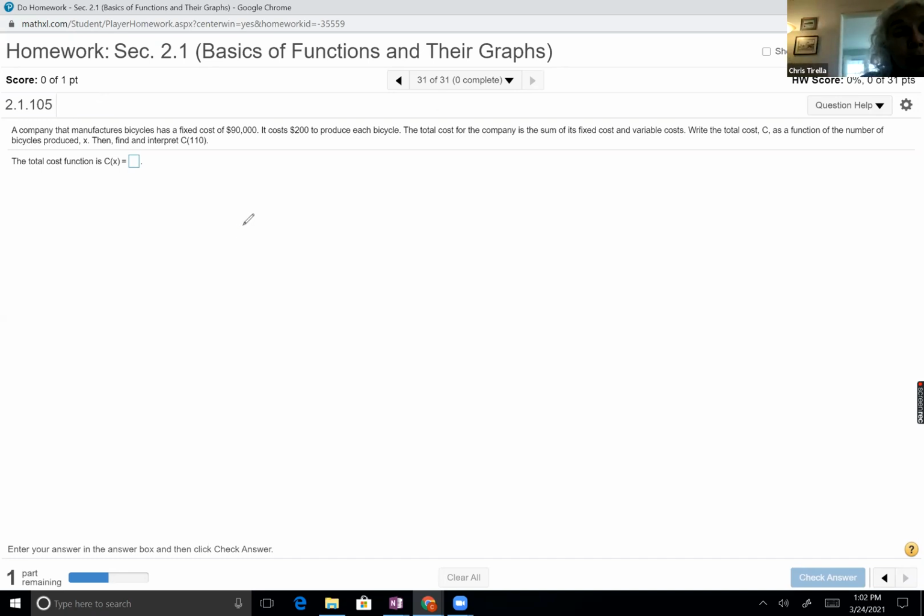Okay. So the cost is the sum of its fixed cost. Well, what's its fixed cost? Think over here, the fixed cost is $90,000. Sum means I'm adding the variable costs. Well, what's variable? It costs $200 to produce each bike.